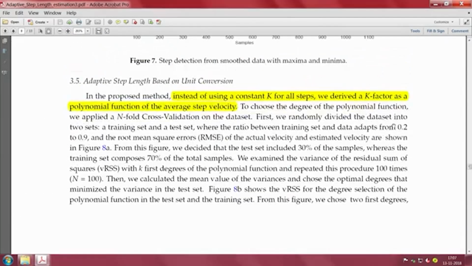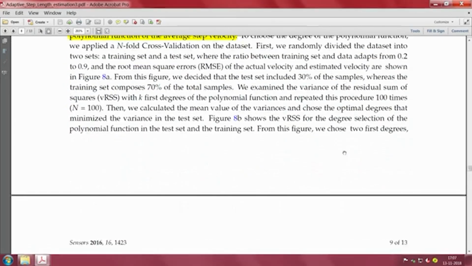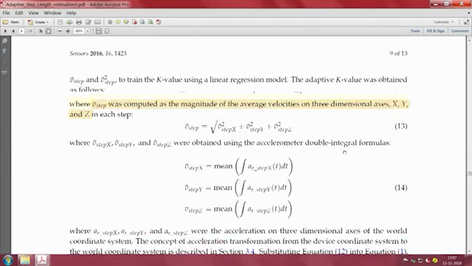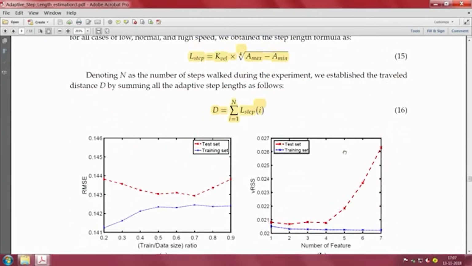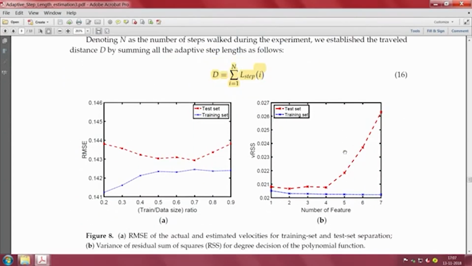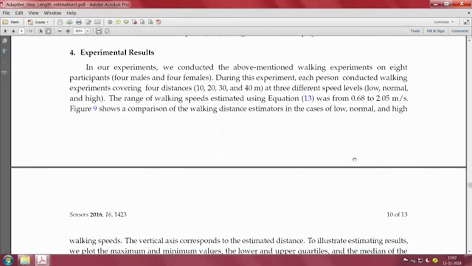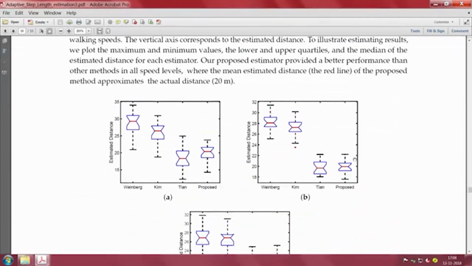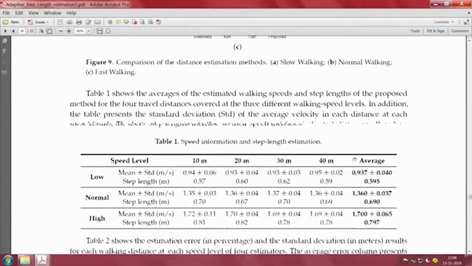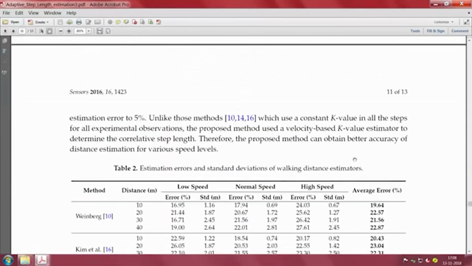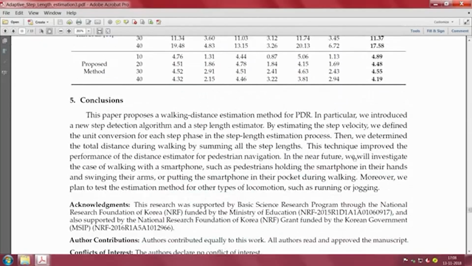Essentially you have to look for a polynomial function of the average step velocity, and then they do that. They collect a lot of data, use some part of it for training and some part of it for testing, and then they describe their experimental results, and finally they show that there is some sort of improvement with the adaptive approach.